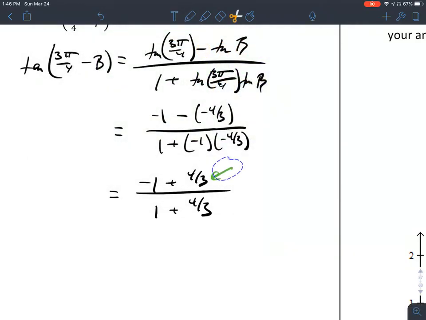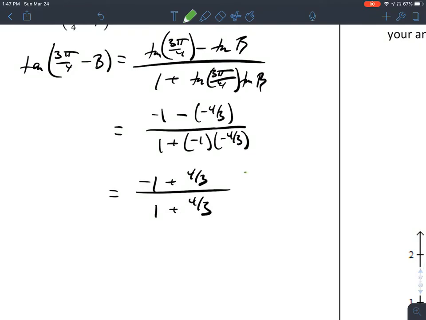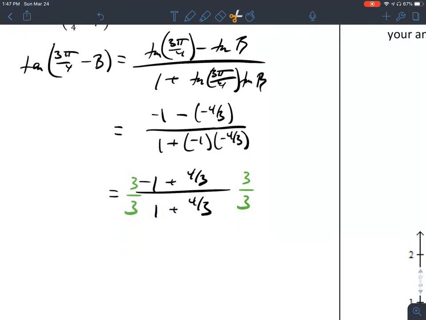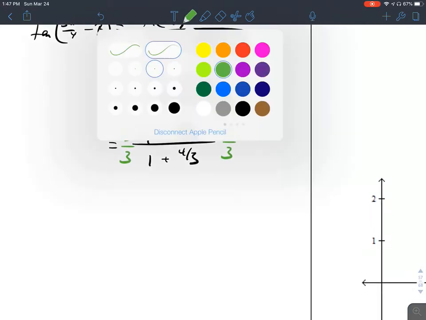In the denominator, there's a denominator of 3. So I'm going to multiply this by 1 in the form of 3 over 3. And I'm going to write this 3 over 3 for each term. In other words, I'm going to multiply each term in the numerator and the denominator by 3.